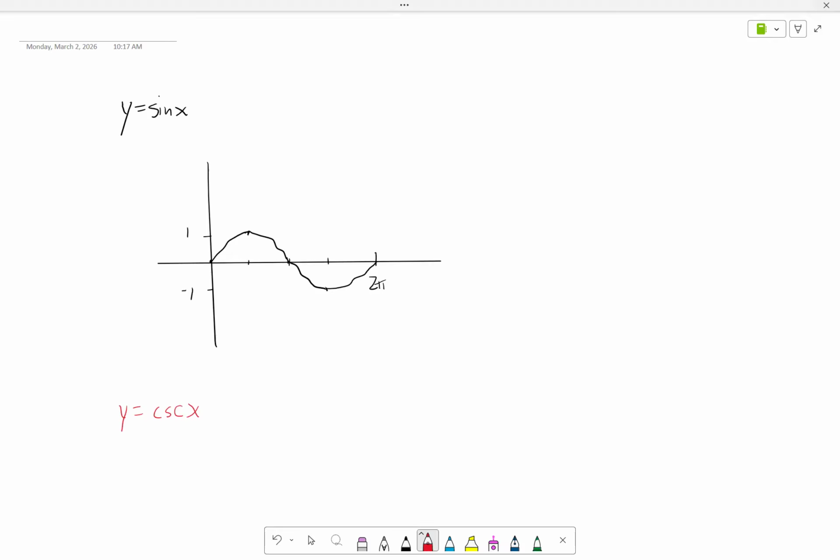What's going to happen to the zeros? What happens to the zeros from sine? They're asymptotes, right? Just like in the tangent graph, the zeros become vertical asymptotes.